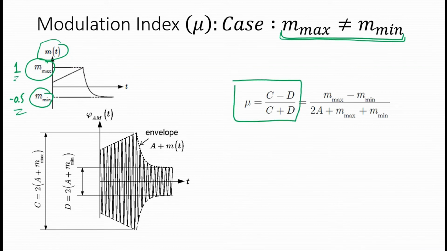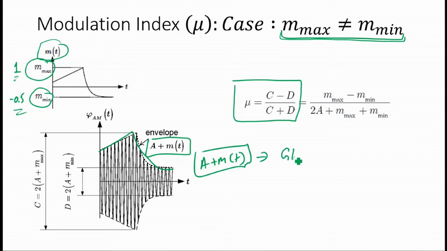It's very simple. So again, we have modulation, right? So this means that we have made an envelope which is A plus m of t. So this is our envelope, and we find the global maxima, right?